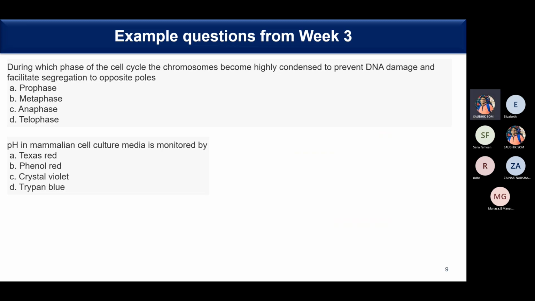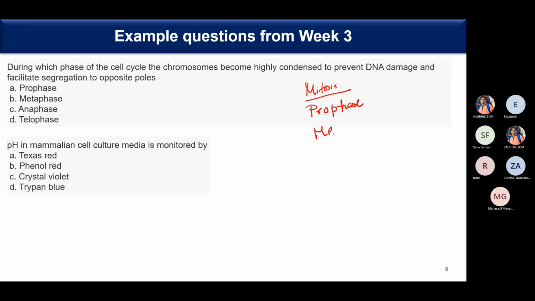During which phase of the cell cycle do chromosomes become highly condensed to prevent DNA damage and facilitate segregation to opposite poles? Mitosis is divided into four phases, right?